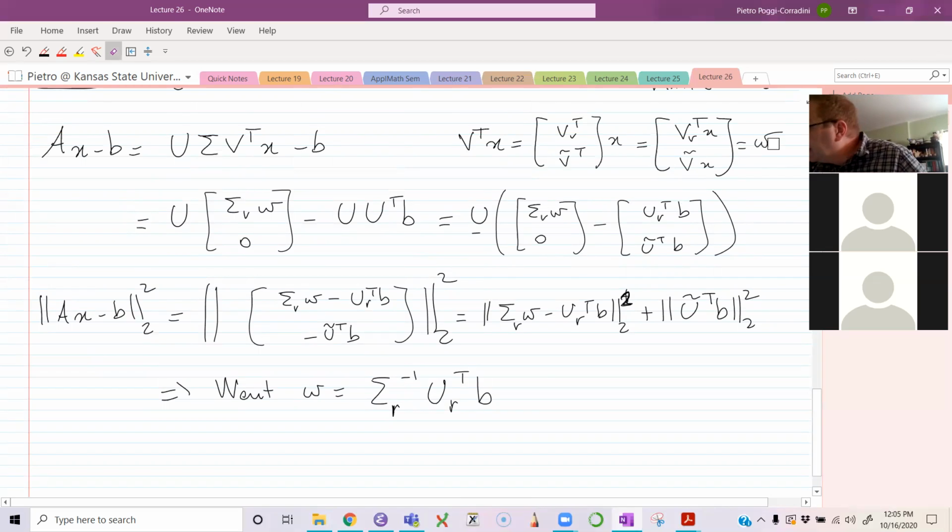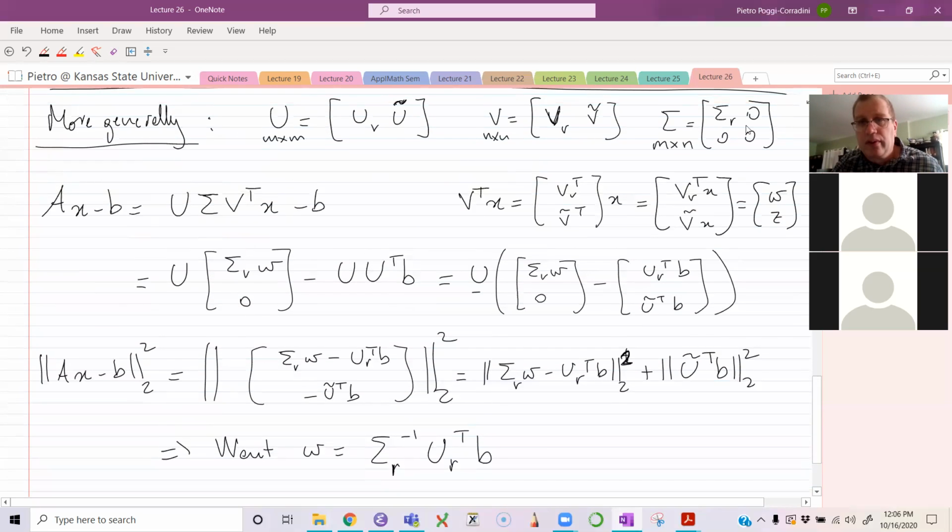Sorry, I think I made a mistake. I wanted to write it as W and Z. I think nothing changes, because when you multiply V transpose by sigma, the Z goes away because sigma has all these zeros. I think nothing changes here in what I just did.